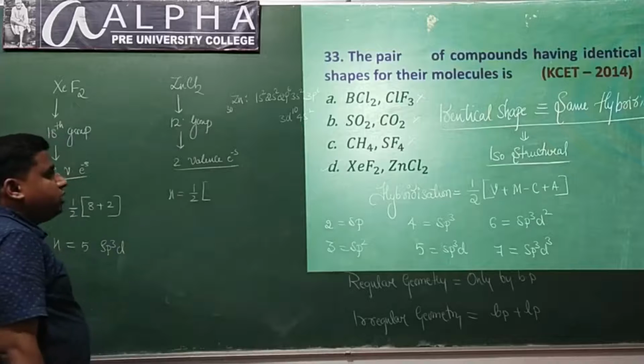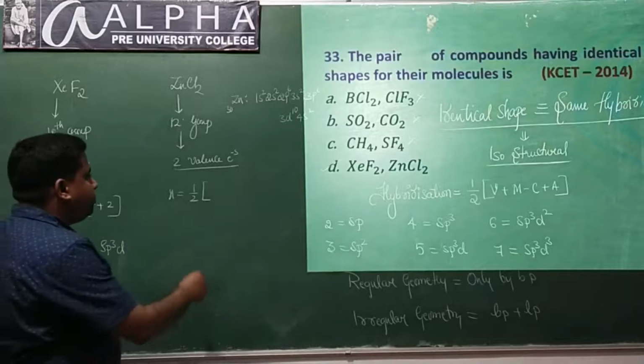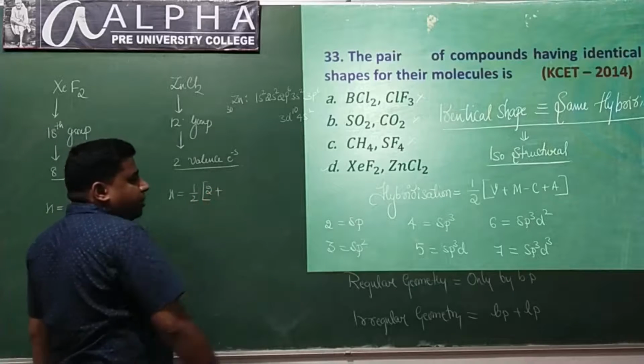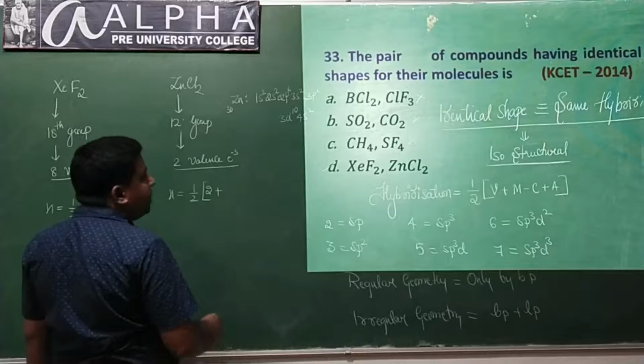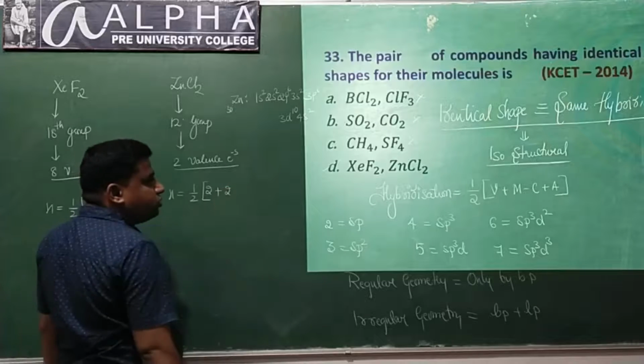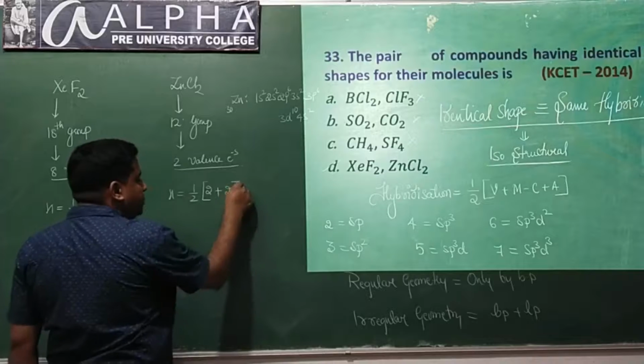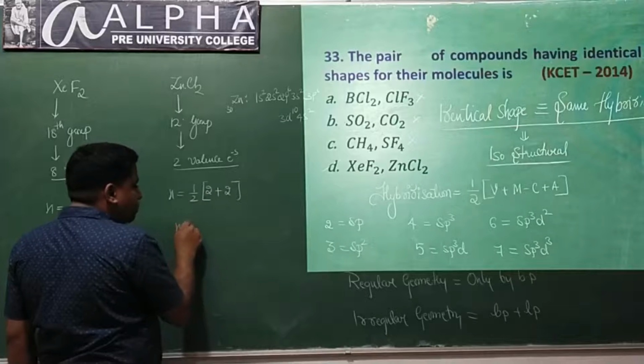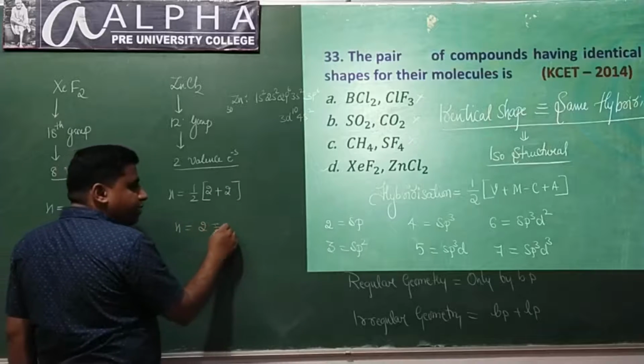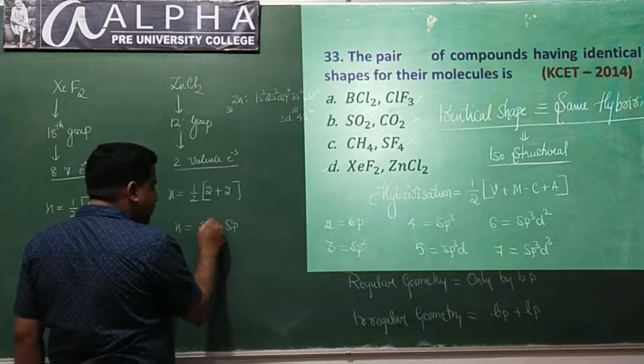So the number of valence electrons is 2, plus the number of monovalent atoms, which is 2, total positive charge 0, total negative charge 0. 2 plus 2 is 4, half of 4 is 2. So we are getting the hybridization to be equal to sp.